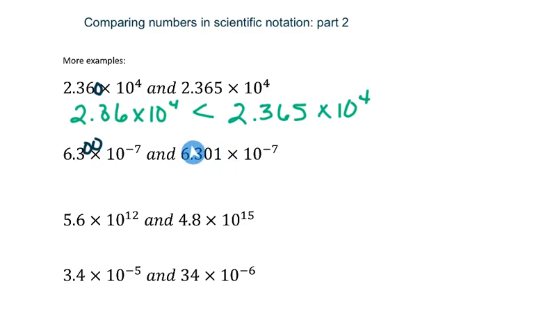So 301 thousandths is bigger. So that means that this is a bigger number than this one. So 6.3 times 10 to the negative 7th is less than 6.301 times 10 to the negative 7th.